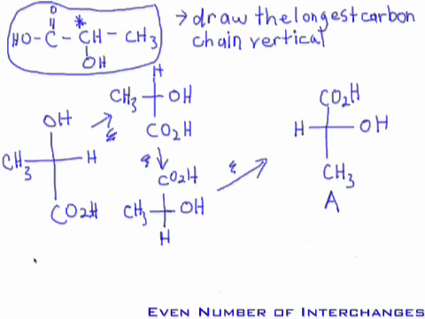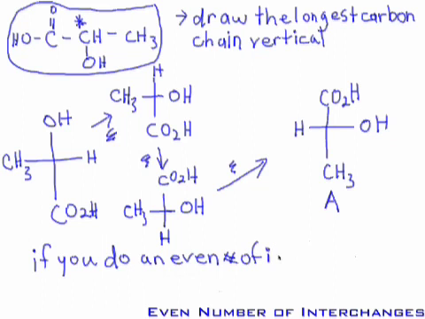Now, if to get to the original structure, you do an even number of, I call them interchanges, or the switches, the same thing, interchanges, then you are the same or identical.